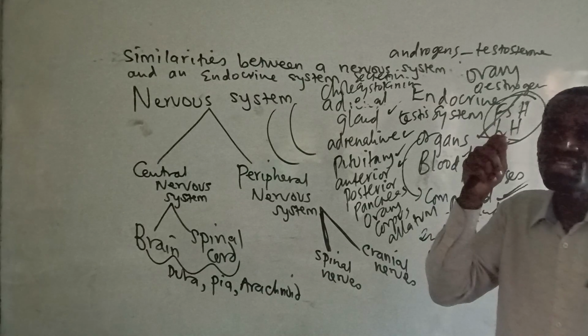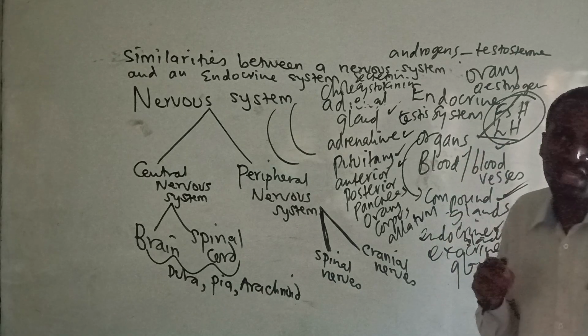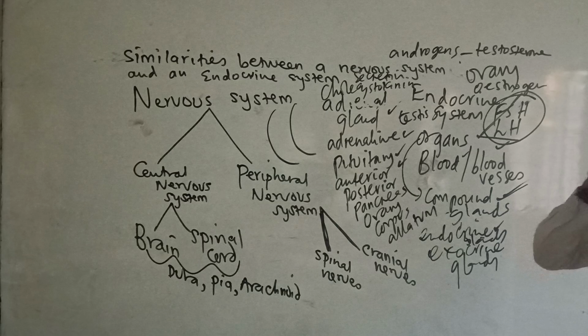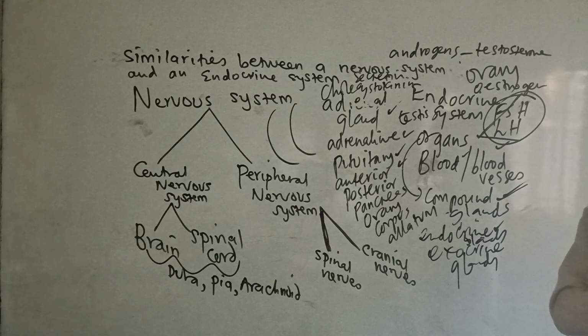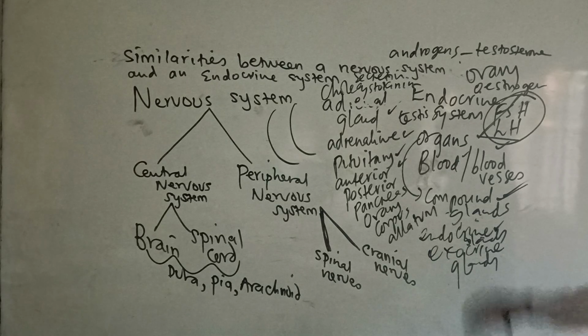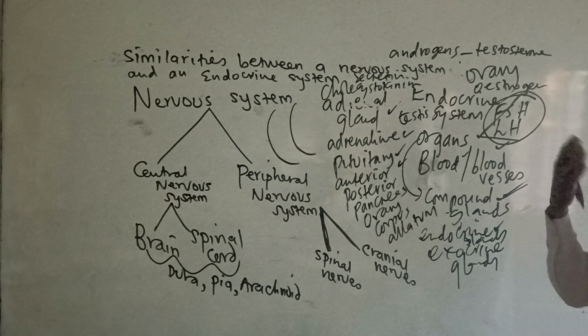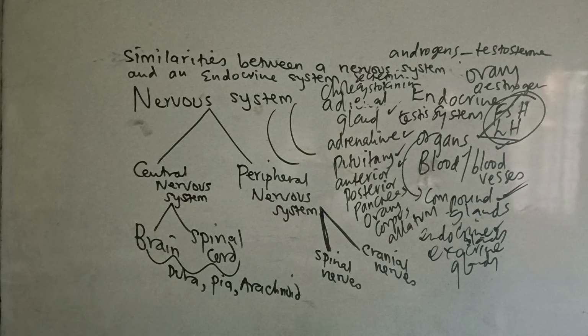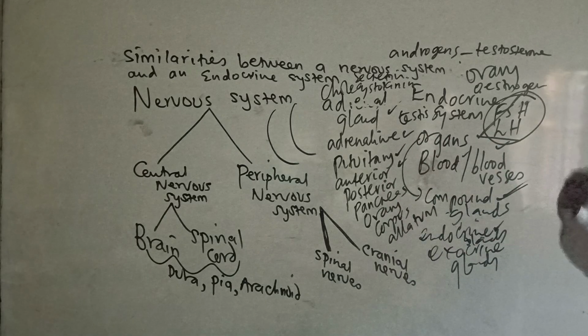Then from the relay neuron to the motor neuron via another synapse, then from the motor neuron to the effector organ, the biceps and triceps. So I am able to withdraw my forearm from that source of pain. They all also involve transmission of a chemical.